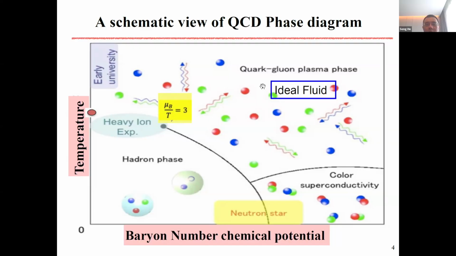Usually, the Quark-Gluon plasma in that region is regarded as an ideal fluid phase, with two main properties. One is the equation of state for the Quark-Gluon plasma, and the other is the hydrodynamic property of the Quark-Gluon plasma.